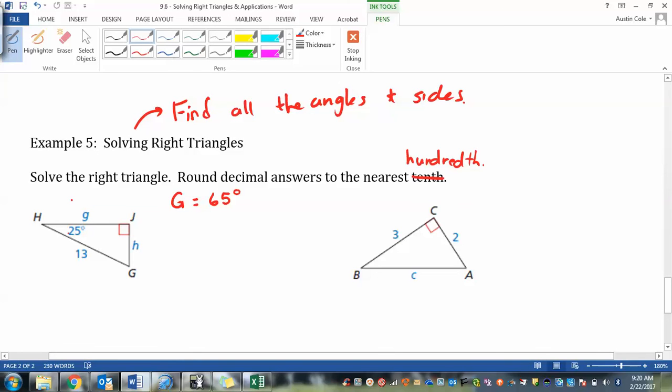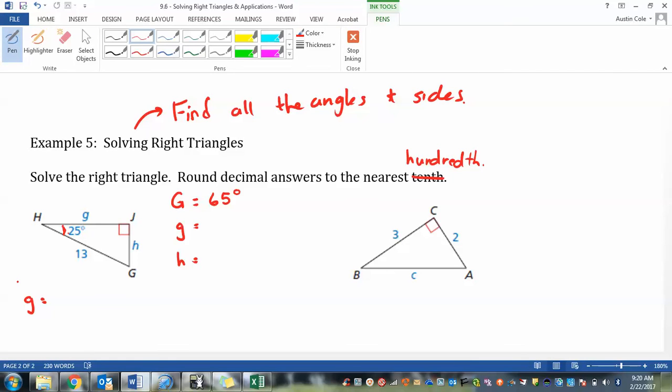Okay, so I have all three of my angles now. Now we need to find my two sides. So I'm going to find G, and then I'm going to find H. So if I look at G, with respect to this angle, G is my, which side there, Cam? Adjacent, and 13 is my hypotenuse.